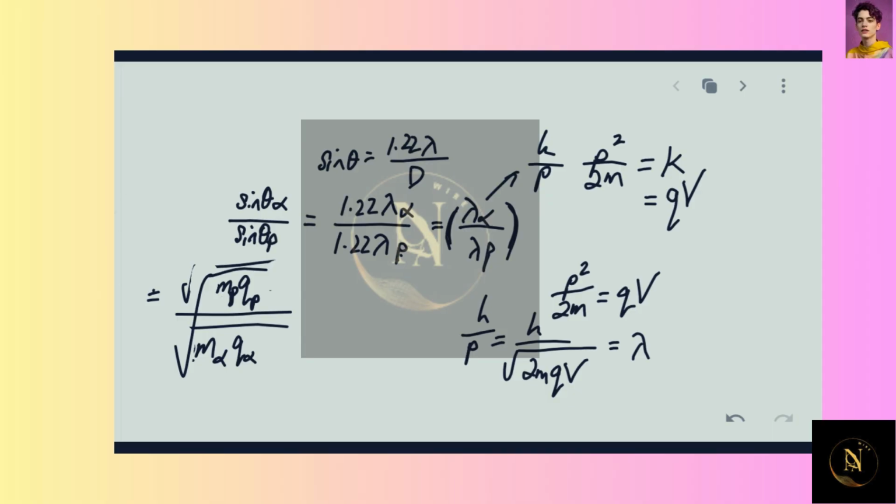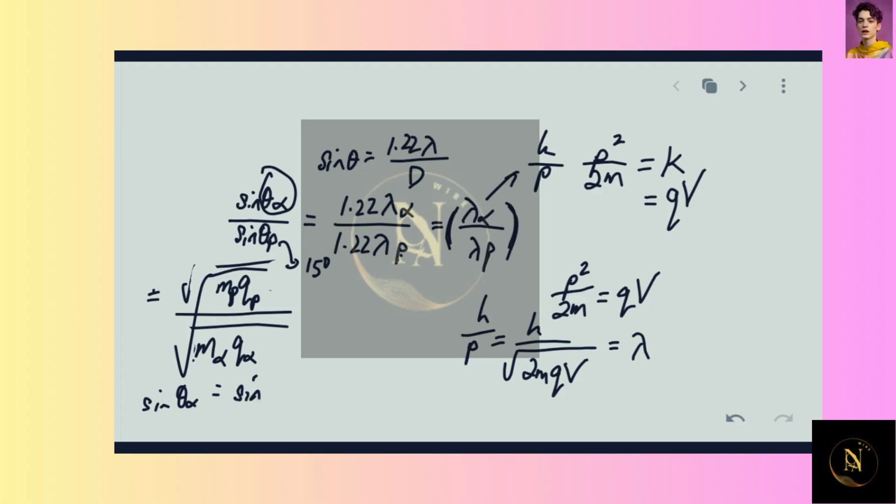Now, what we want is the angle for the alpha particle. We know the angle of the proton is 15 degrees. So the sine of the angle of the alpha particle will be sine 15 degrees multiplied by this factor.